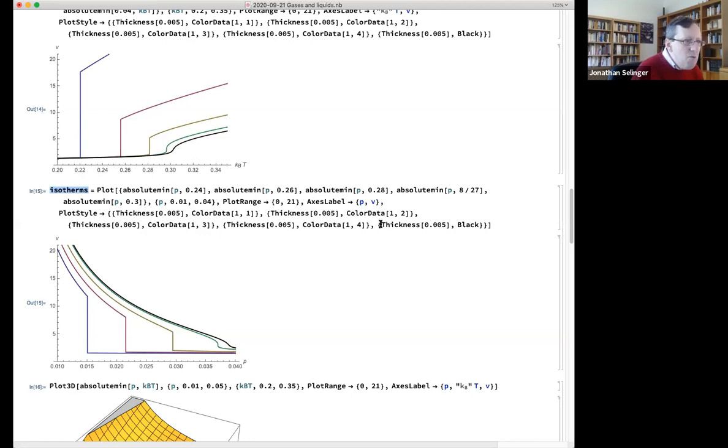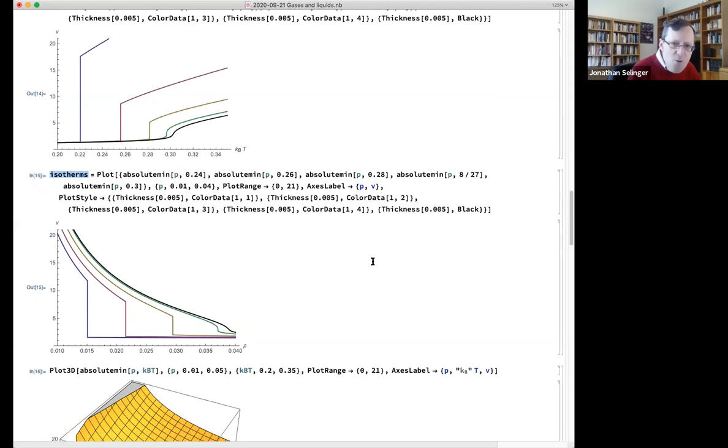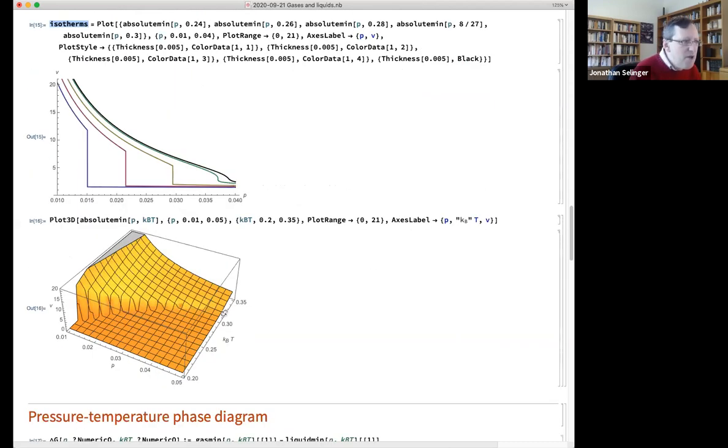Now, we might want to make a three-dimensional plot that shows both of these things. So here is a three-dimensional plot where this axis is pressure, this axis is temperature, and the vertical axis is the volume per particle at the minimum. What do we see from this?